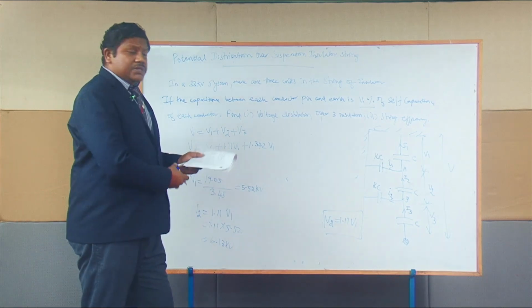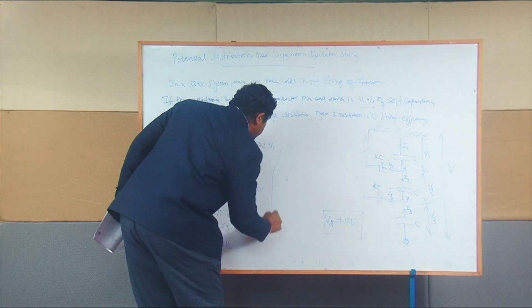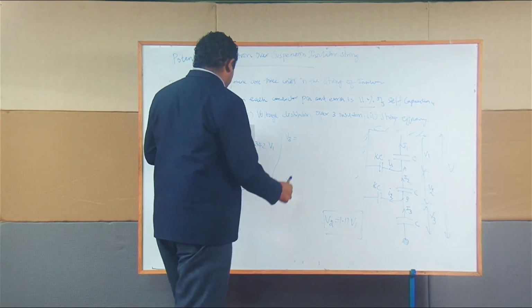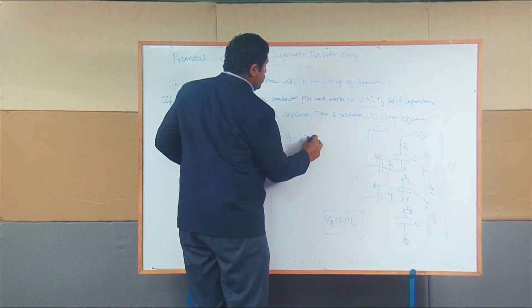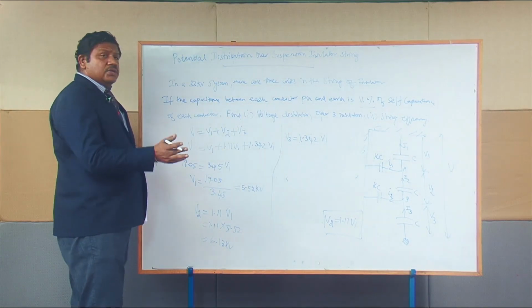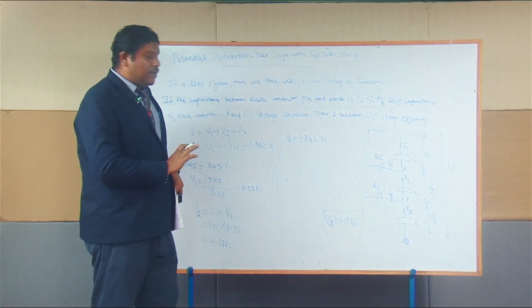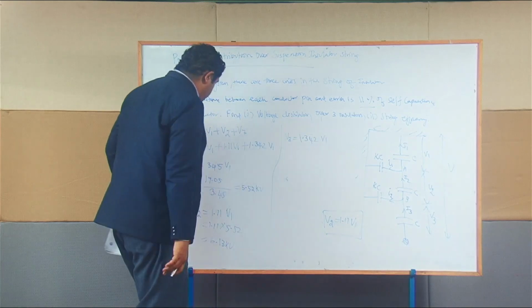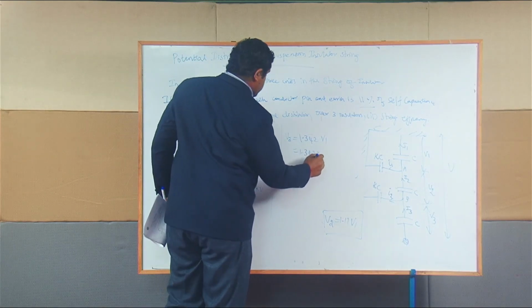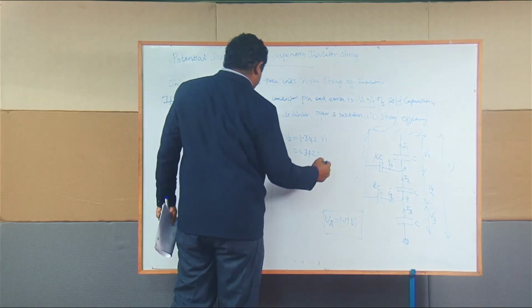Now V1 and V2 are known. Substitute here. What's your expression for V3? V3 is given by 1.342, so we have already derived. V2 is in terms of V1, V3 also in terms of V1, and we know the value of V1. Substitute here: 1.342 into V1, which is 5.52 kV.